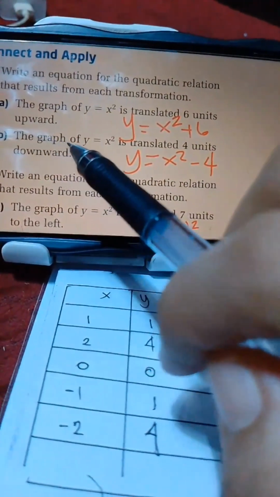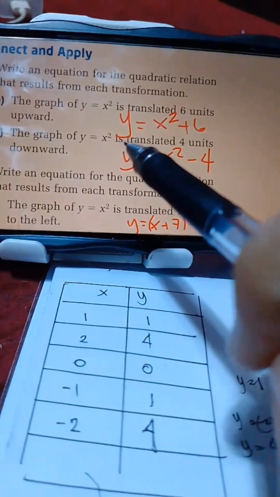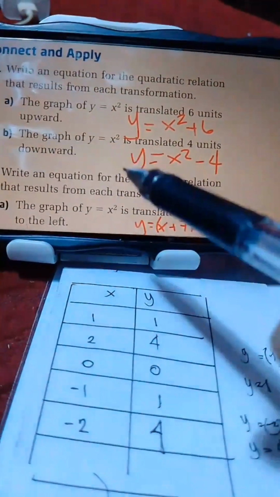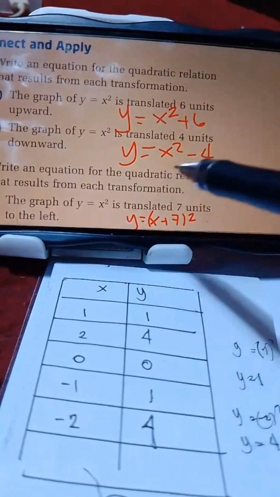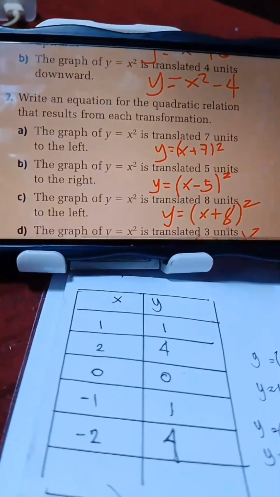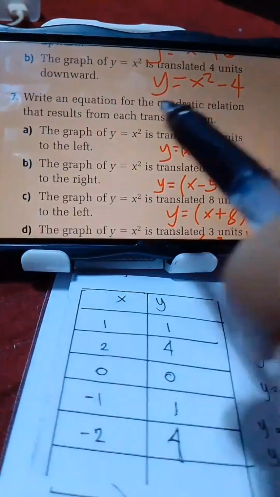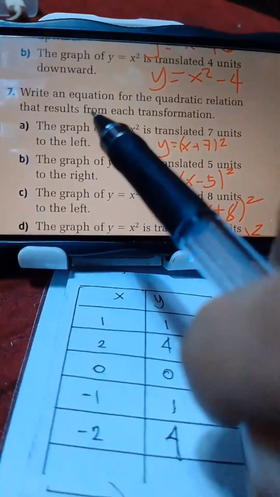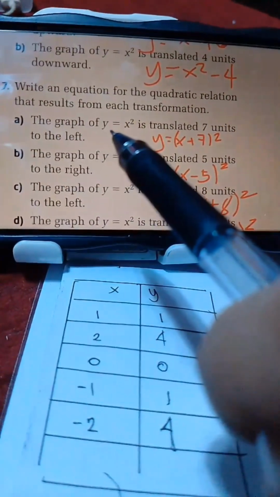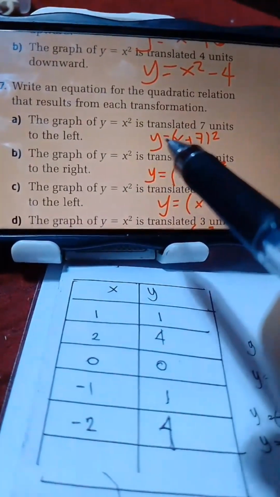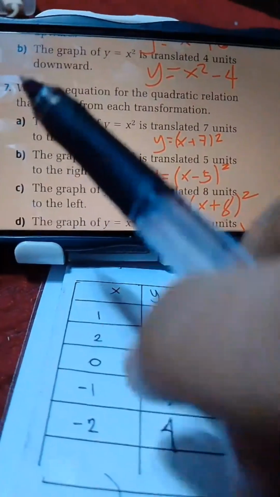Then the graph of y equals x squared is translated 4 units downward. We are going to write the equation like this. Next, write the equation for the quadratic relation that results from each transformation. The graph of y equals x squared is translated 7 units to the left.